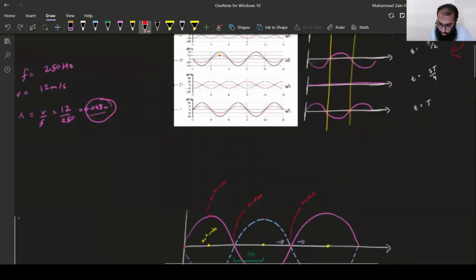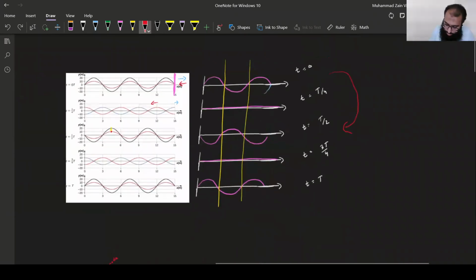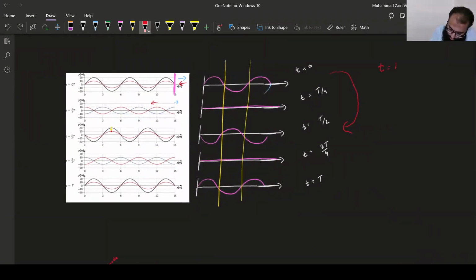So if this is how the wave is, I could simply say that this is also the case when time t equals 1.25T, and this is again the case when 1.5T, and again 1.75T, and then t equals 2.0T. So obviously this cycle would keep on repeating.